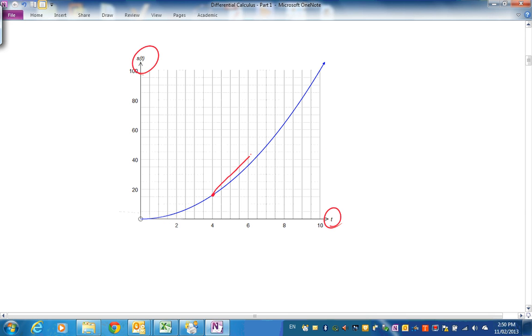I'll go up here, I'll join 2 points there, and I'll work out delta S on delta T again, and I'll get the velocity. Everyone knows that. Change in displacement with time is velocity. Done it, haven't I? Uh-oh. I don't think so. I think I have a problem.